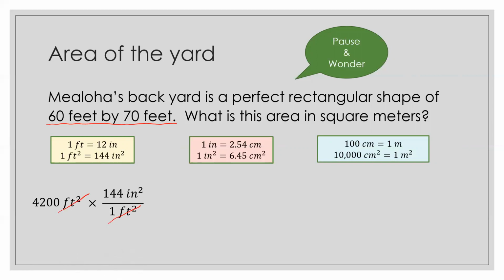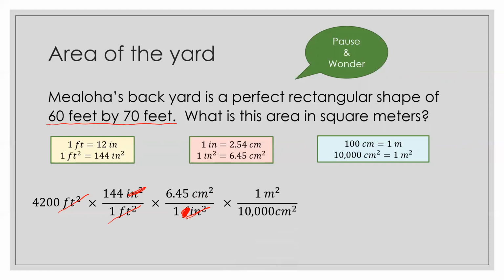Square foot, cancel. And then 1 square inch, that is not there. 1 square inch is 6.45 square centimeters, and square inch divided by square inch, that's gone. And we are in square centimeters, we'll get to square meters.